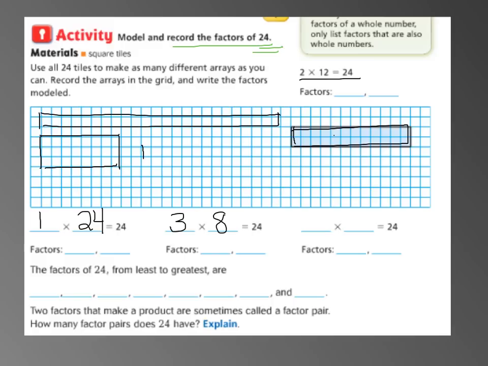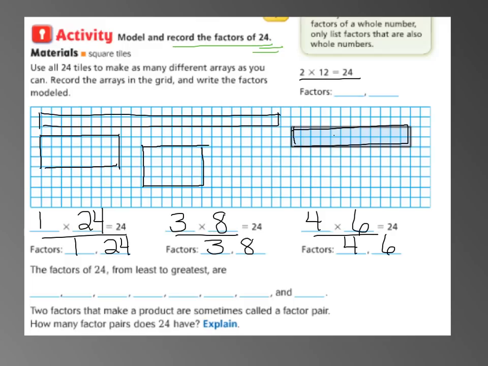So we could go 1, 2, 3, 4, and okay, and we would have 4 times 6 equals 24. So the factors of 24 in this example right here would be 1 and 24. Here we had 3 and 8. Here they are 4 and 6. And let's not forget our example up here of 2 and 12.